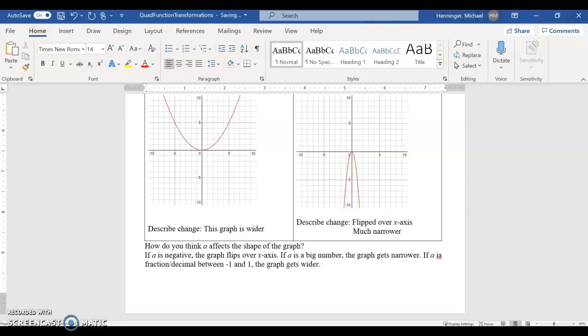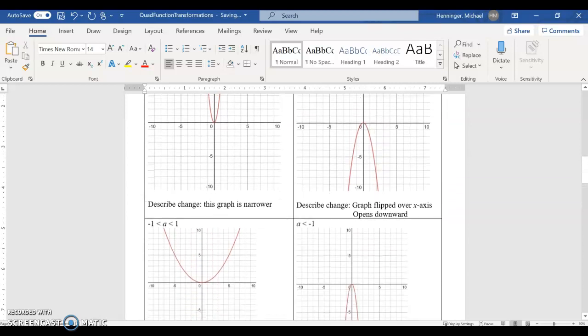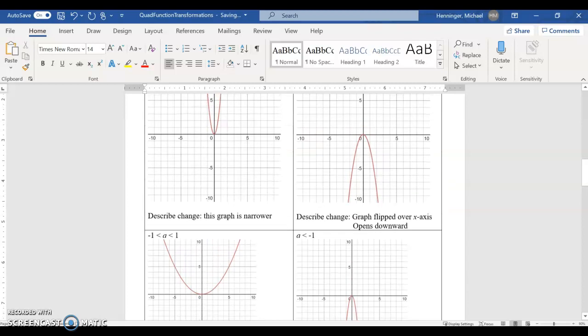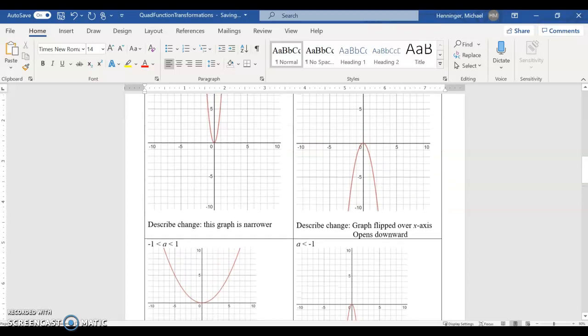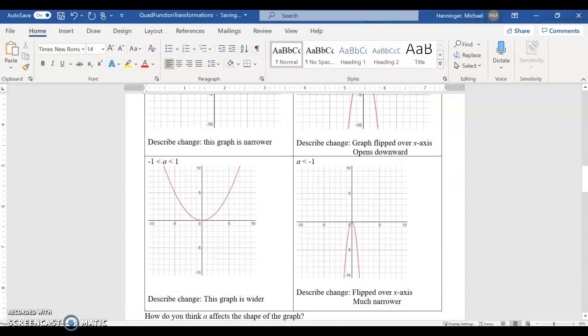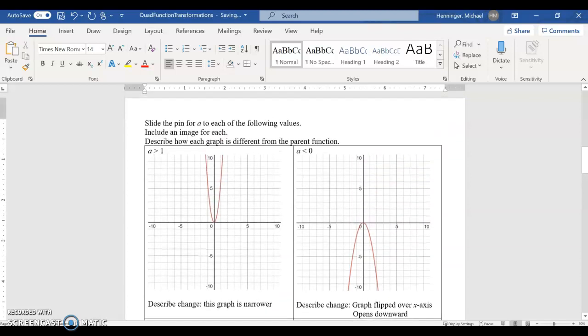Okay, so these are the differences that we want to recognize. We're going to look at how that A changes the shape of the graph. It makes it narrower or wider, and we could even simplify that and just say it makes it narrower or wider. And then if it's positive or negative, it could flip it over the axis. So we want to adjust those values for each of those variables, look at how those different values change the shape of the whole graph.